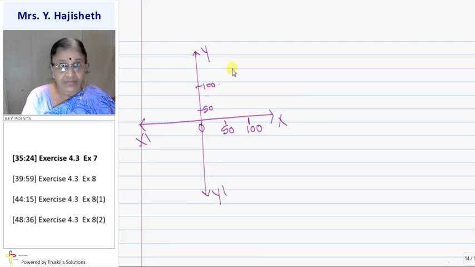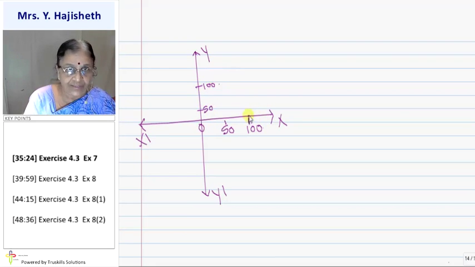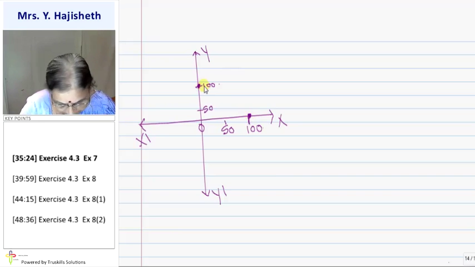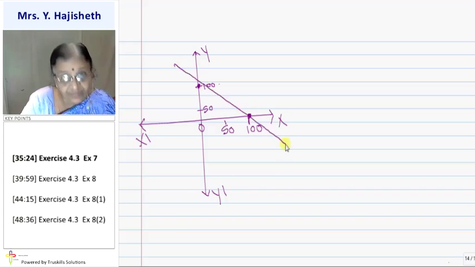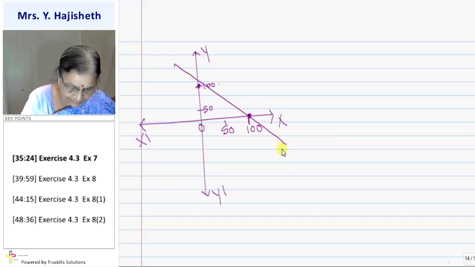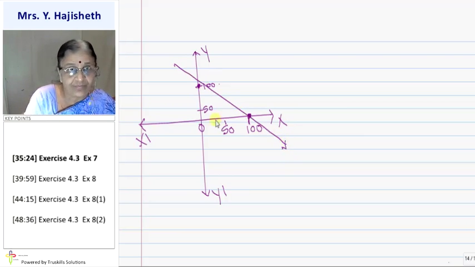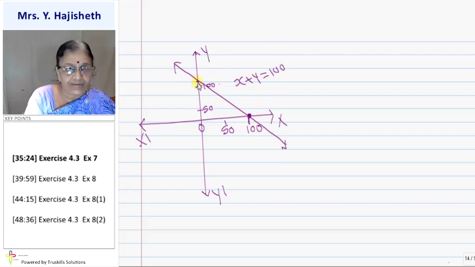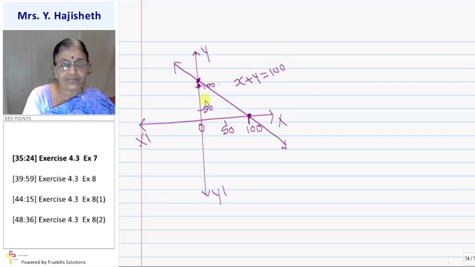Clear? My two solutions are, one is 100, 0, another is 0, 100. Clear? Join them. This is my graph of x plus y is 100. Okay? ये थोड़ा ऊपर लेते हैं, 100 इधर लेते हैं. ओके, बराबर. Clear?